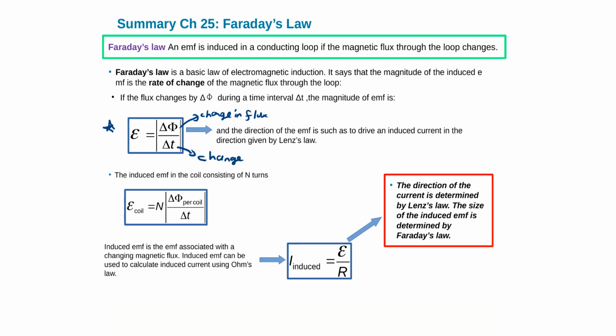We divide them, and we find the induced EMF. Notice the absolute value here. We don't really care about plus or minus, because we will decide the directions using Lenz's law, and it's the easier way. And this is, of course, the induced EMF.